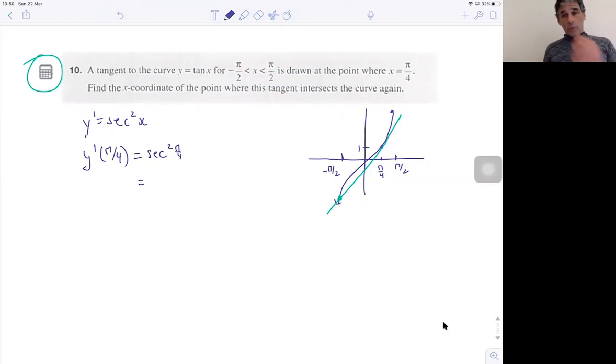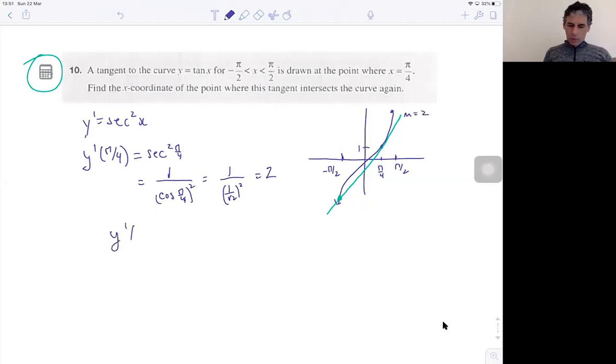But for the non-paper questions, it might be a good idea to review what this is without a GDC. Okay, so it's 1 over cos of pi over 4, all squared. Cos pi over 4 is 1 over root 2. So this is 1 over root 2 all squared. I think you'll see that we're going to get a nice number like 2. Okay, so that's the slope of this tangent. So its slope is 2.